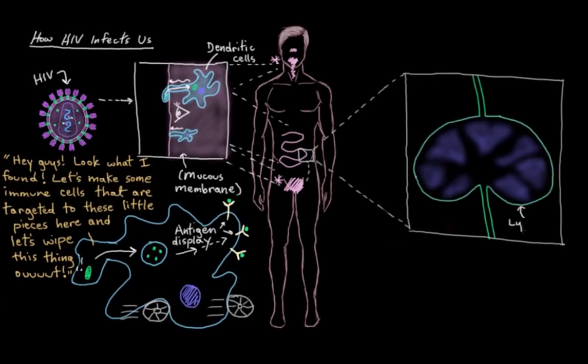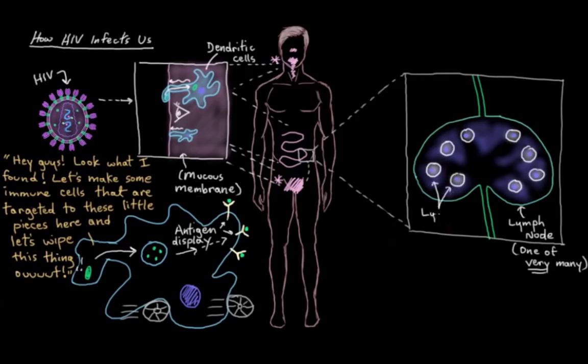Lymph nodes, by the way, are a really important part of our immune system where a lot of our immune cells, particularly our lymphocytes, hang out and sort of filter through our body fluid for any pathogens that they might need to become sensitized to and respond to.